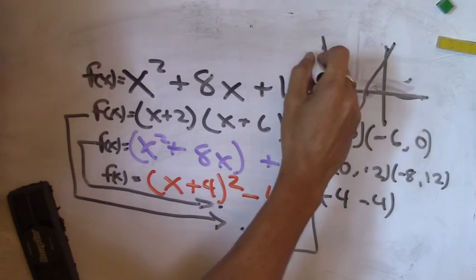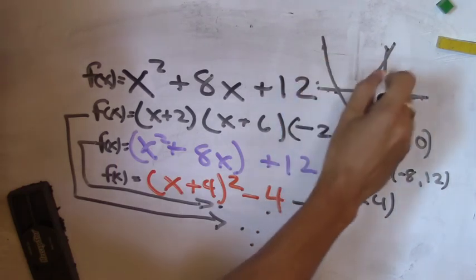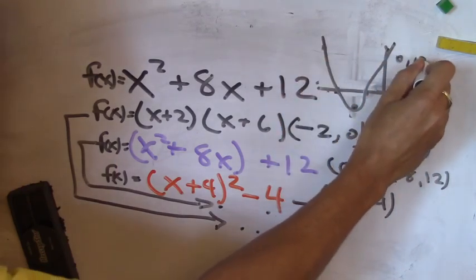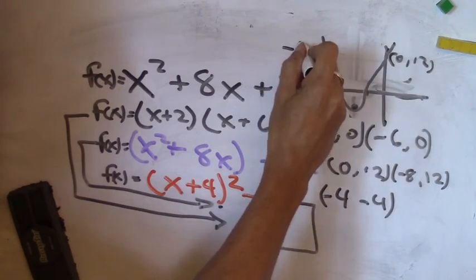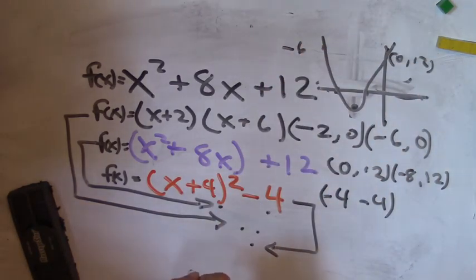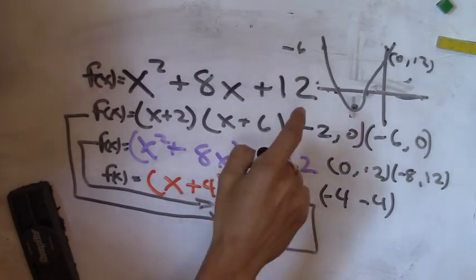And then I gotta label my points. This is 0, 12. This is negative 8, 12.